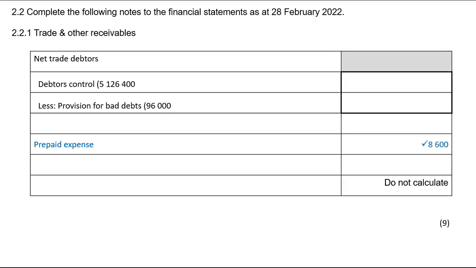And that's what we are going to do. Subtract 15,960 from our debtors control. I'm done with the selling price. Now let's go to the cost price.